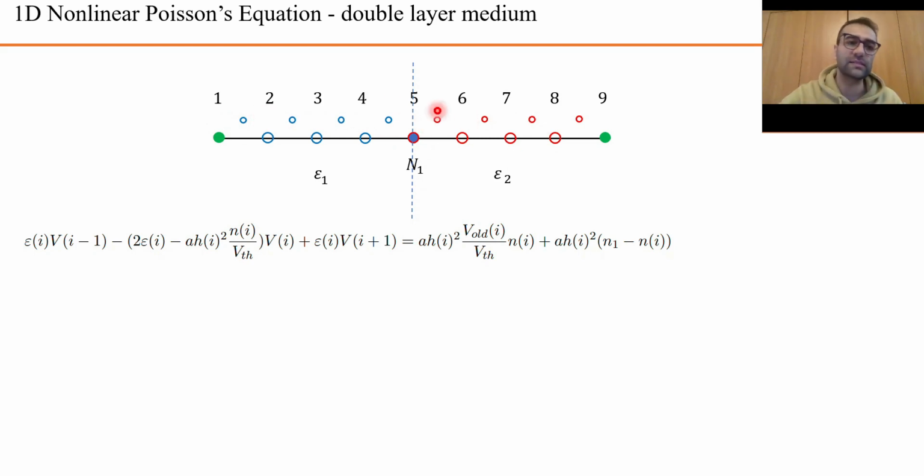Let's call these small circles the non-integer grid. If you notice the big circles, we have 1, 2, 3, 4, 5, 6, 7, 8, 9 for these big grids, right? And we call it the integer grid. These grids that are at the center of each cell, let's call the non-integer grid.